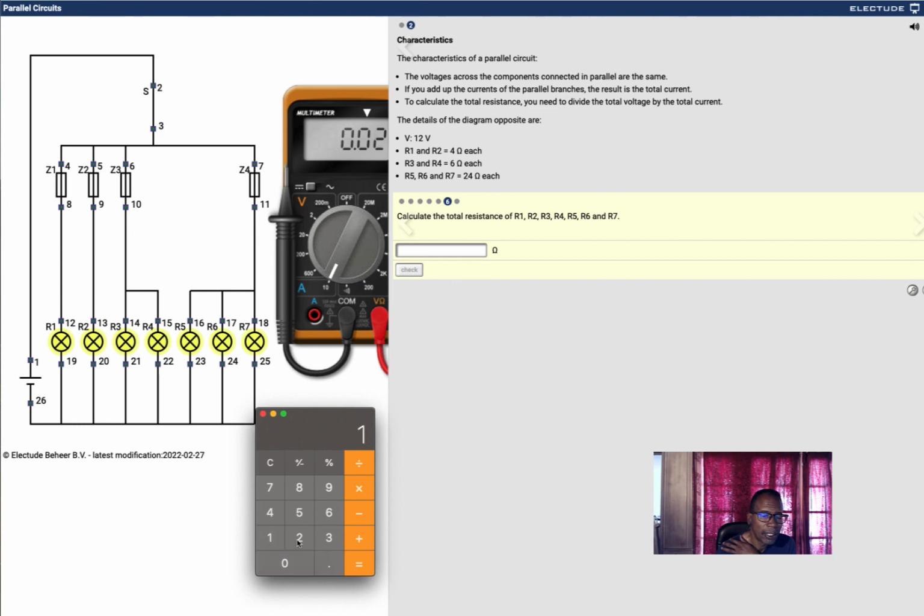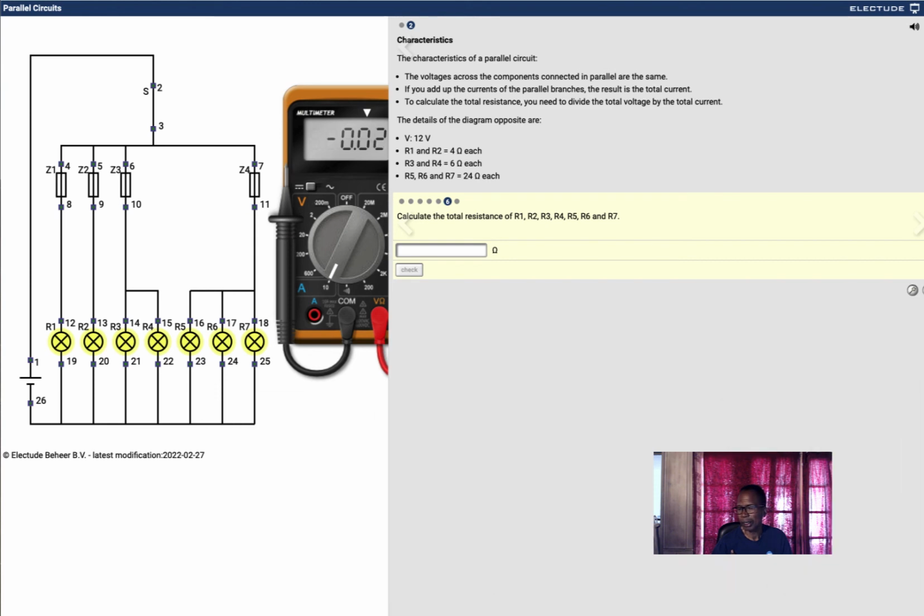So it's 12 volts divided by 11.5 equals 1.04. Let's see if that's right. 1.04. That's correct. So the total resistance of all these together is 1.04.